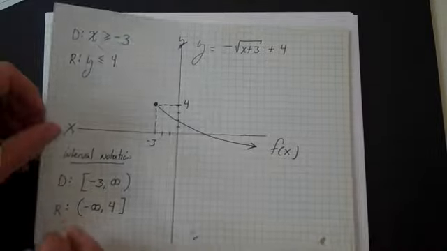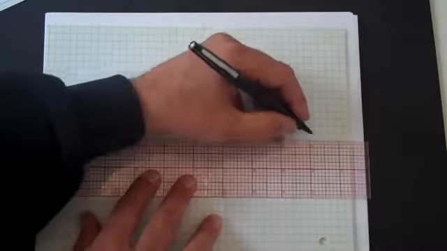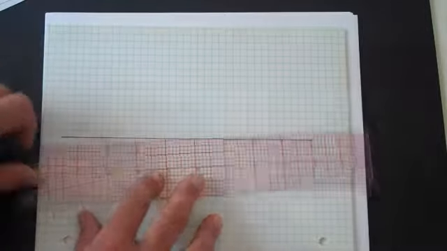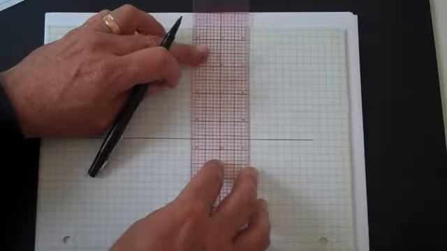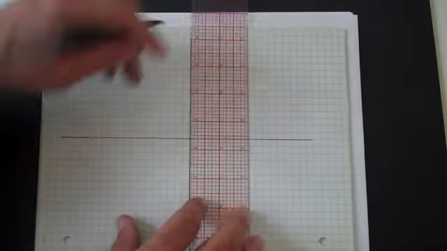Let's look at domain and range from another graph. Let's do one without a particular equation associated with it, but let's work in a lot of exceptions so that we can learn how to do those.